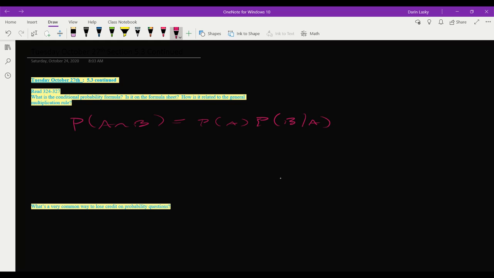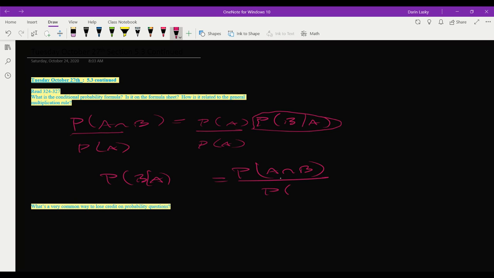Now, what is the conditional piece? If we solve for this, we divide both sides by the probability of A. So the conditional probability of B given that A happens is going to be the probability of A and B over the total probability of A happening.